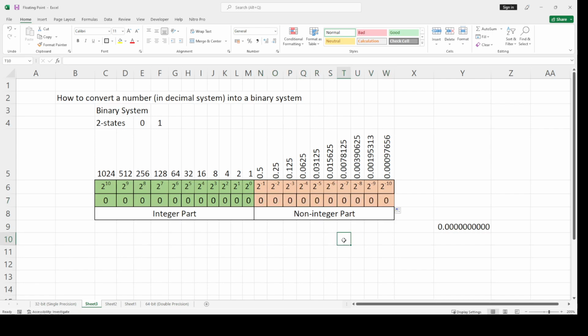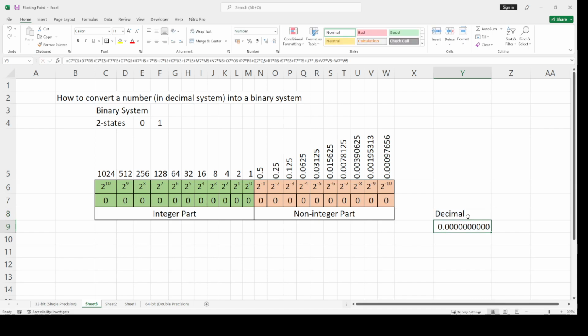If all switches are off, meaning all switches are in the state of 0 or false, then our number is empty.